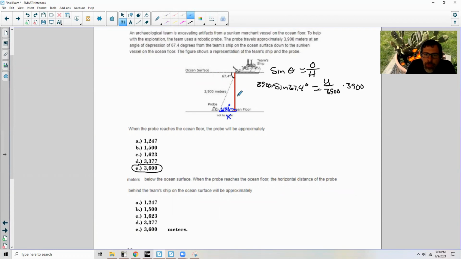We know the hypotenuse. We do not know our adjacent. So we want to know the adjacent. We know the hypotenuse. That is cosine of an angle. So the cosine of 67.4 degrees equals adjacent over hypotenuse.